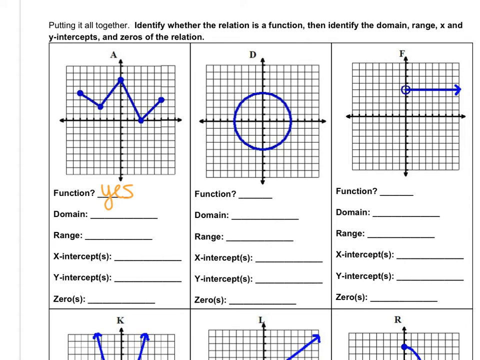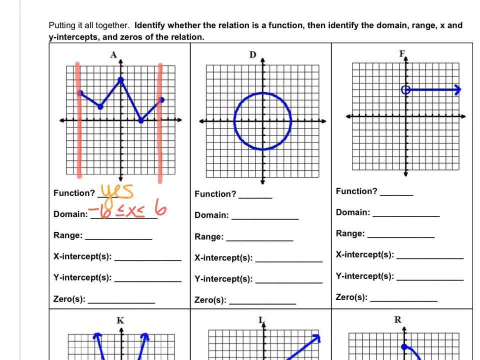Then we have domain and range. So let's see. My domain, I can draw a wall here and here. So that means that my domain is -6, and it does actually touch that point there, all the way to +6.